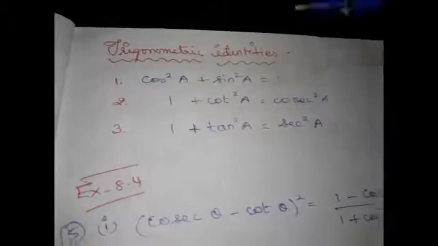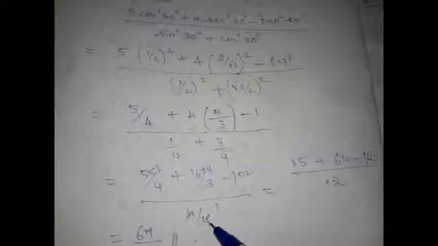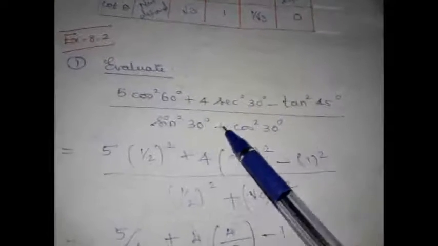In the previous problem that we solved, you can apply this also. In the denominator, if you see, we have sin square 30 plus cos square 30, the same angle. After simplification we got the denominator as 1 only. So directly you can write here, by using the identity cos square A plus sin square A, this can be written as 1, right?